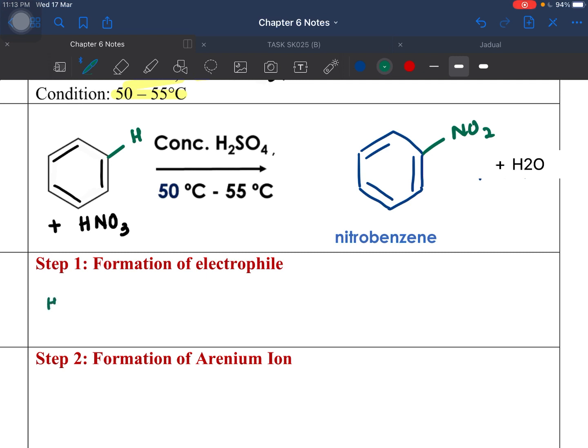So H bond to O, NO2. Okay, so ngam lah HNO3. Okay, so this is your nitric acid, and kita akan expand this part sahaja. Alright, so dia akan react dengan plus H2SO4. Your H2SO4 must be in HOSO.